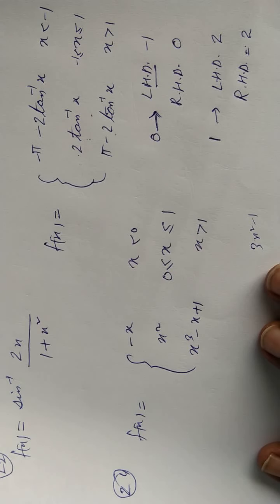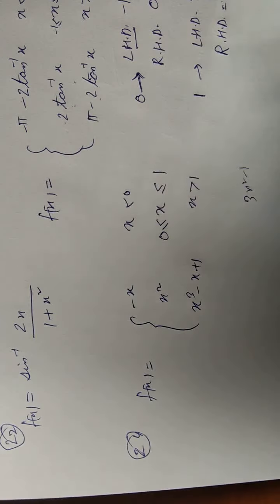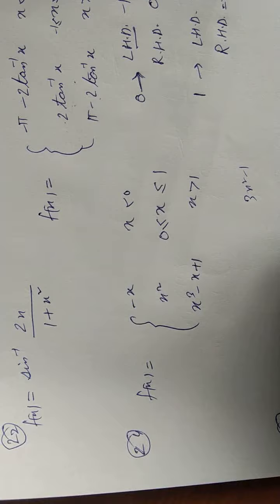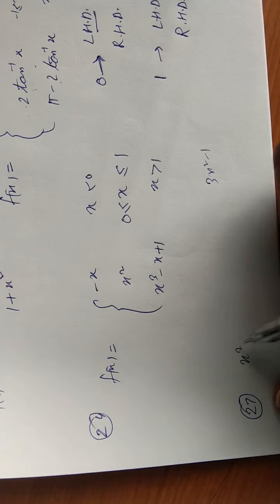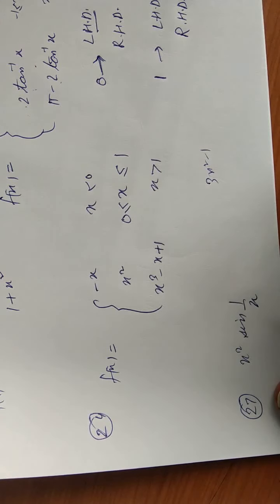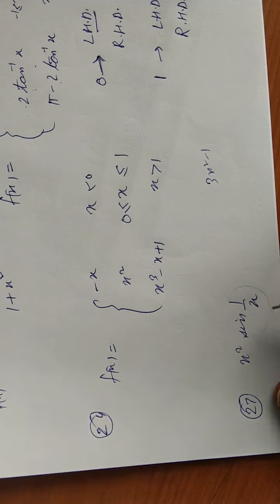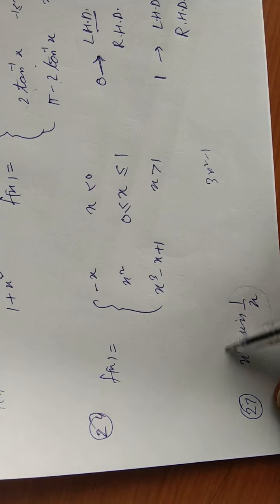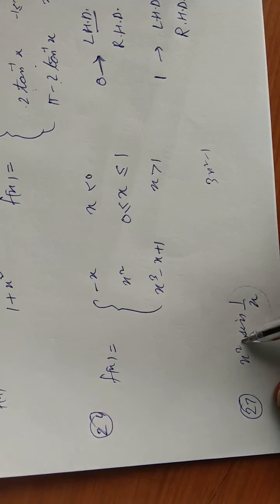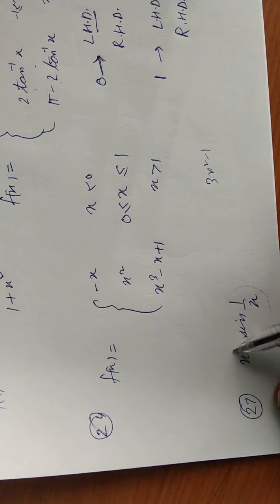Question number 27. We have already done this question as well. We already discussed 2 to 3 questions back that this is going to be somewhere between -1 and 1, and this also lies between -1 and 1. We've calculated the value of k to be greater than 1 if it has to be differentiable. Correct?